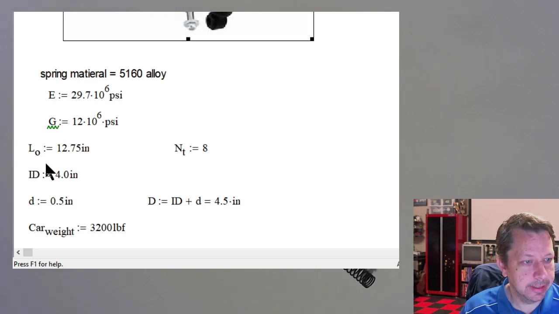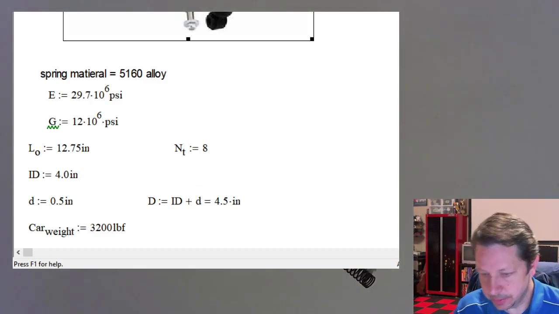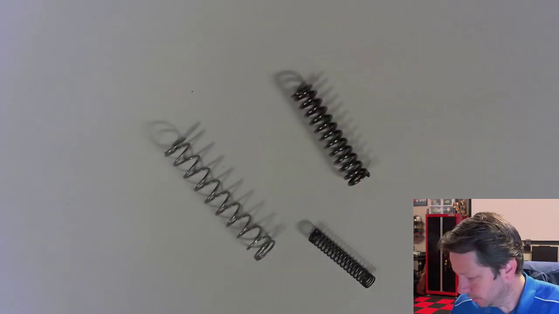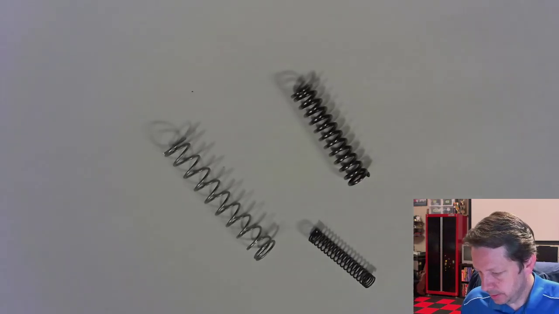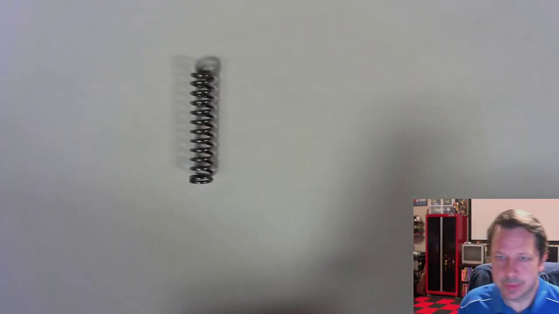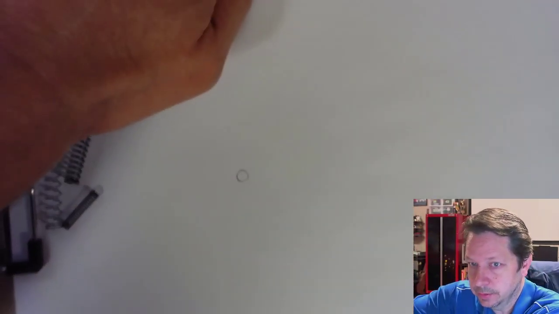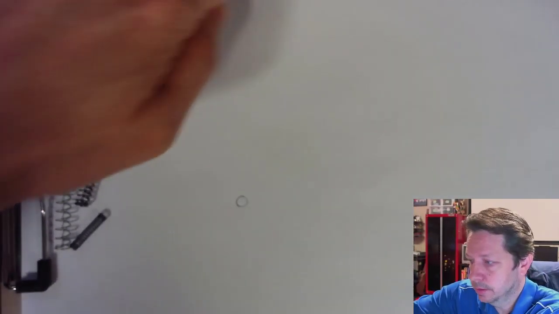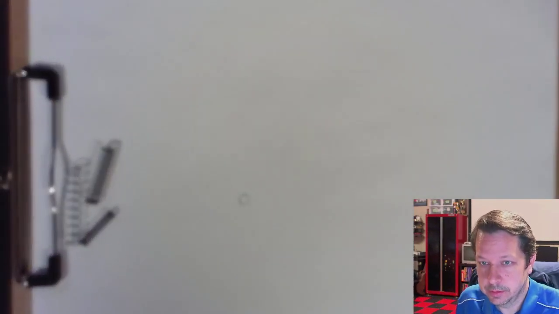What else did we find? So ID, D, all these variables. We need to talk about what these are. So let's go over here. Let's say that we have our coil, and it's going to be hard to draw a coil. So let's zoom out a little bit so I can do this.